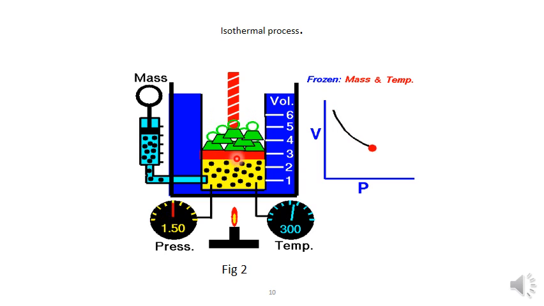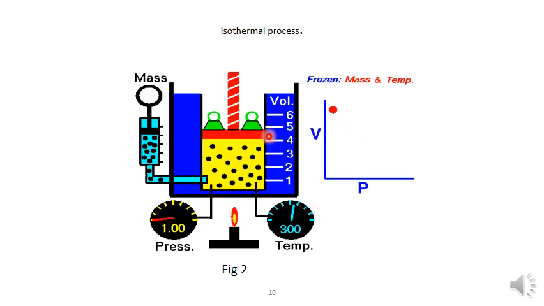As the pressure increases, the volume decreases, or vice versa. If the pressure decreases, the volume increases. The product of P and V should be constant for each and every process. At the first, second, third, fourth, fifth, sixth process, PV must be constant.